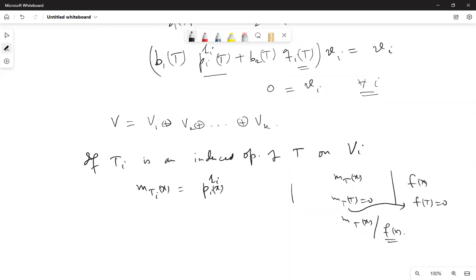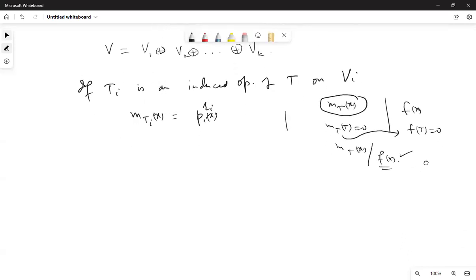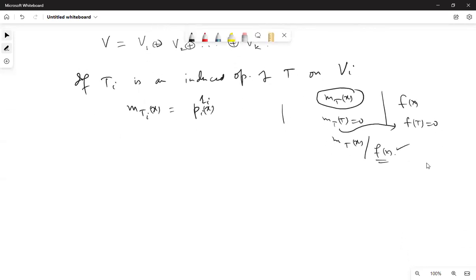This is a trivial result. You can just use the division algorithm, and then using minimality of m_T(x), you would find that this must divide f(x). So that fact would be used here, right?